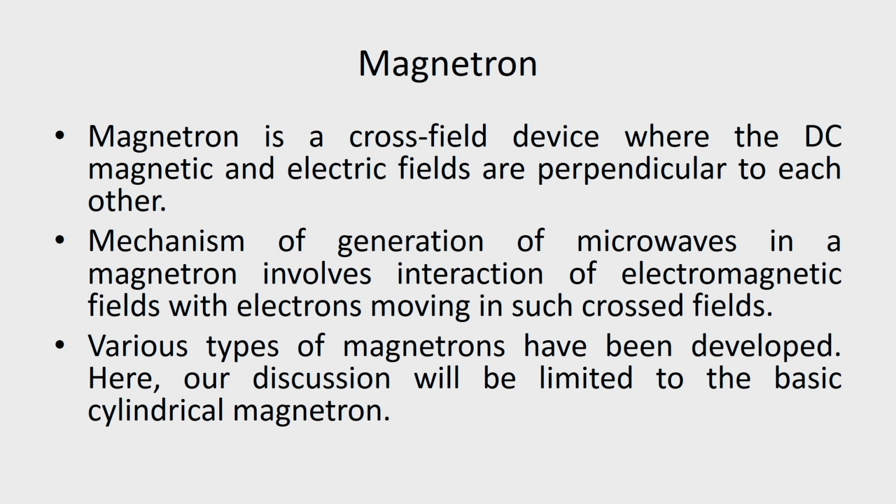Generally, the peak power that can be generated by these magnetrons is very high, may go to several megawatts, but that power will exist only for a short duration. In a pulsed magnetron, the average power will be of the order of a few hundred kilowatts.